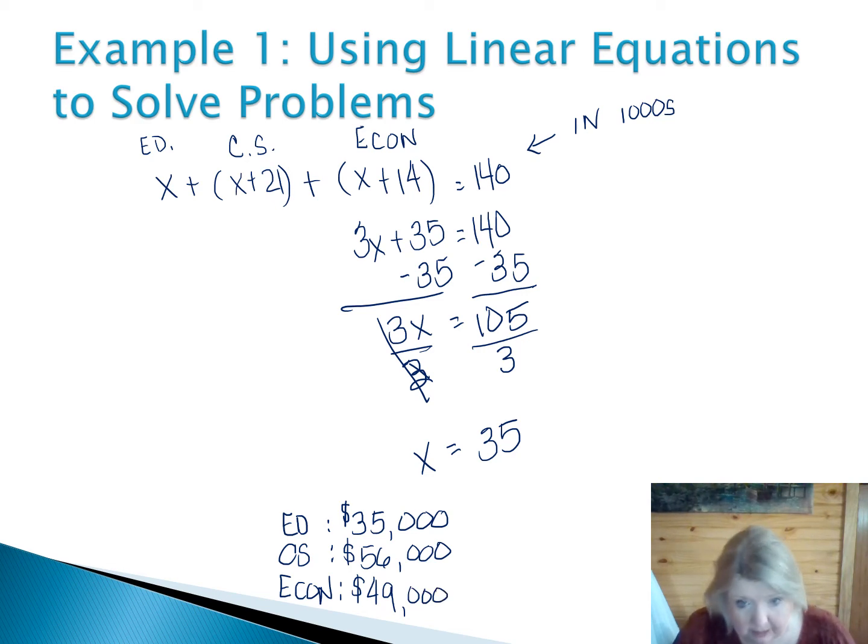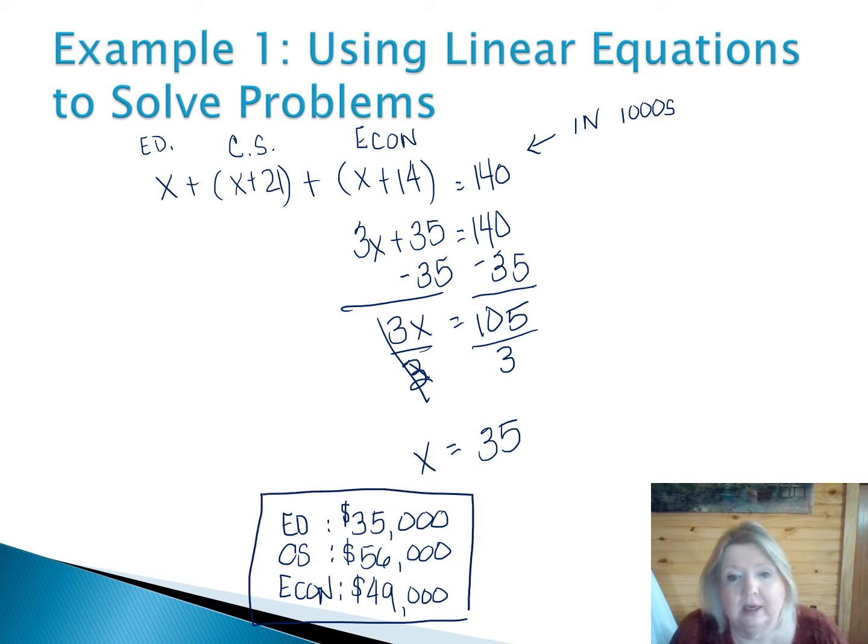Now to be 100% sure, I take these three numbers, I type them in my calculator, I do find that they add up to give me 140,000. So I'm going to say I got it correct, and there are my answers.